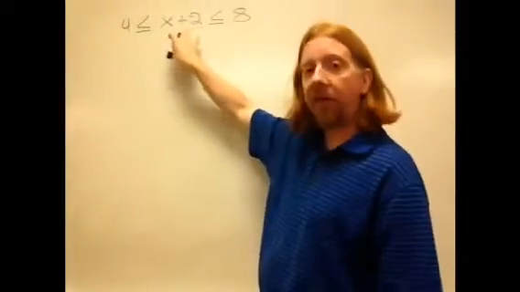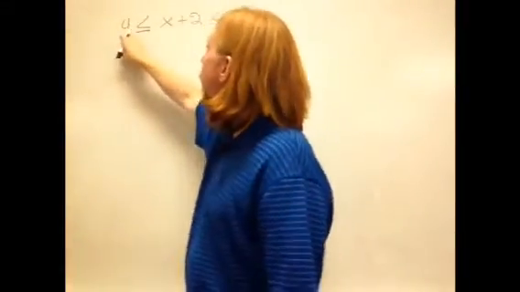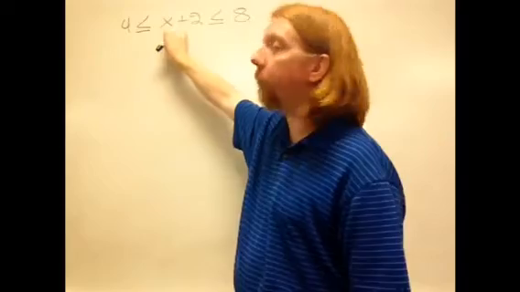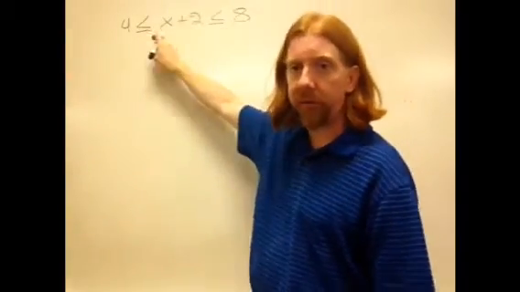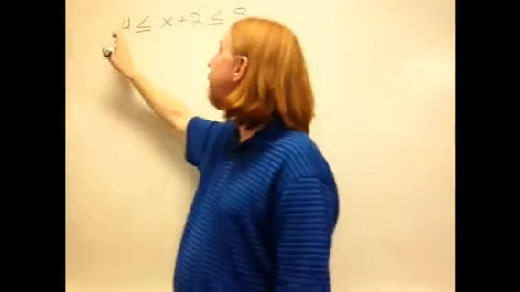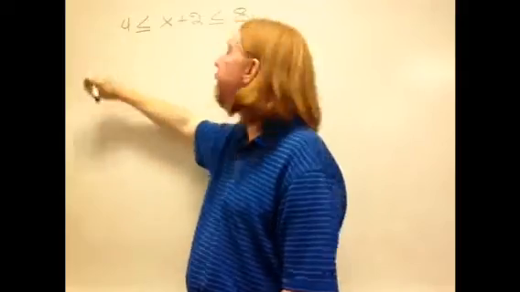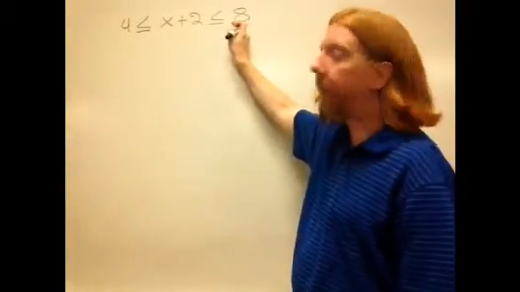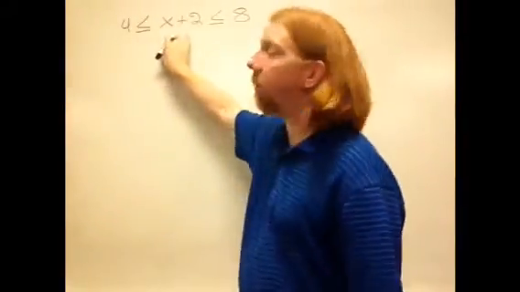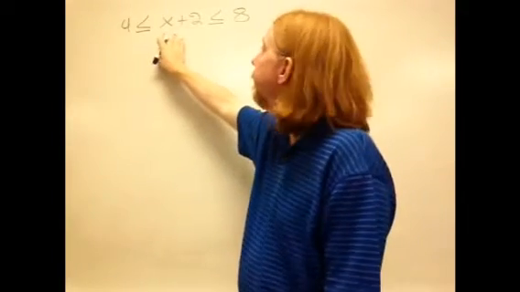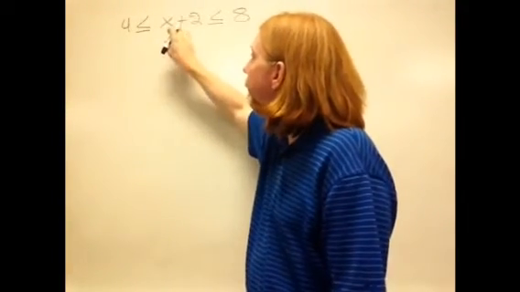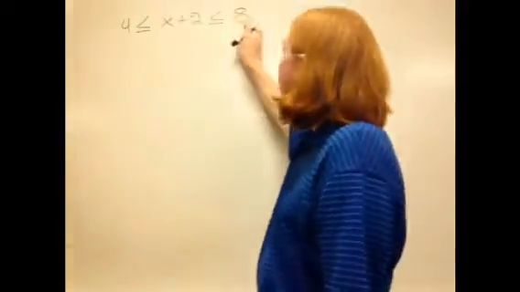Now, what I have here is I have two terms on the outsides, one in the middle. I have two inequality symbols working on it. So this is telling me that 4 is a bottom bracket, 8 is an upper bracket, and somewhere in the middle is a third region. So I'm looking for numbers that reside between 4 and 8.